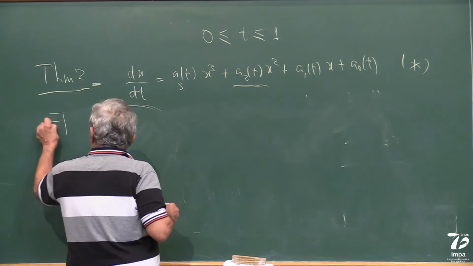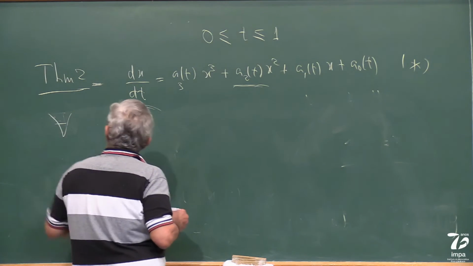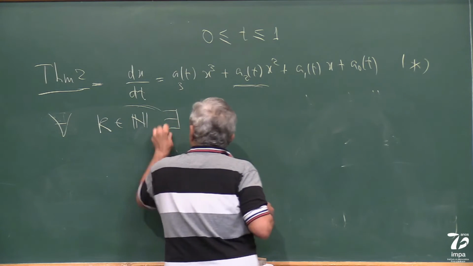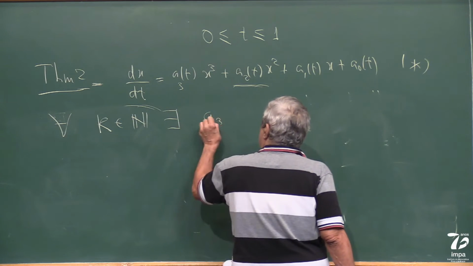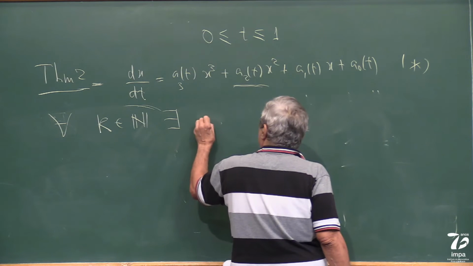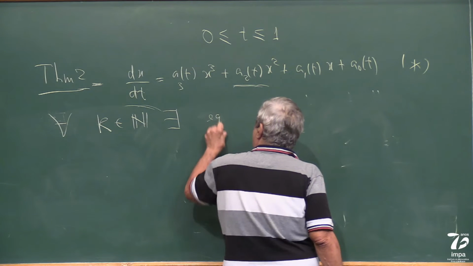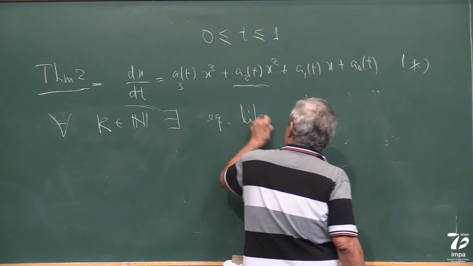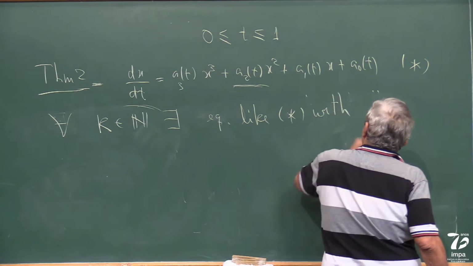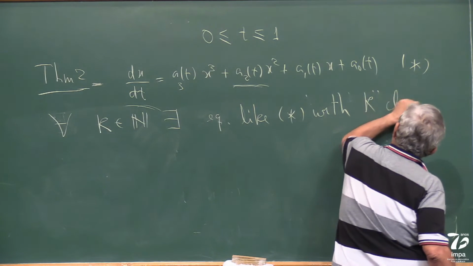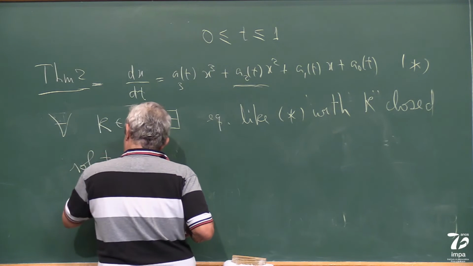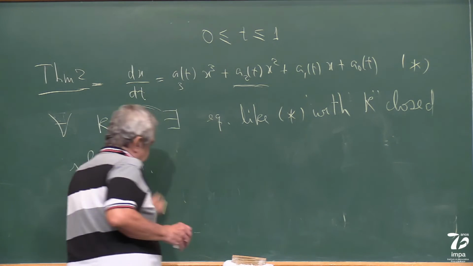The theorem is that for any k there exists an equation like star with k closed solutions.